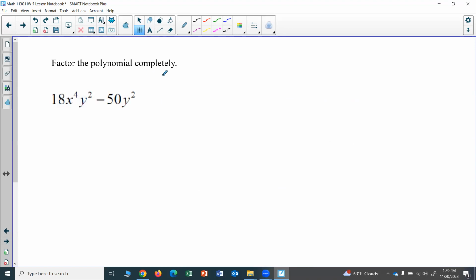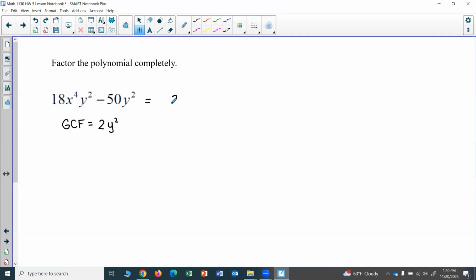Factor the polynomial completely. 18x to the fourth y squared minus 50 y squared. So first thing I want to do is figure out if there's a greatest common factor other than 1. So the GCF, in this case, 18 and 50 are both even, so I know 2 goes into both of those. And then there's a y squared in both terms, so I'm going to pull out the y squared.